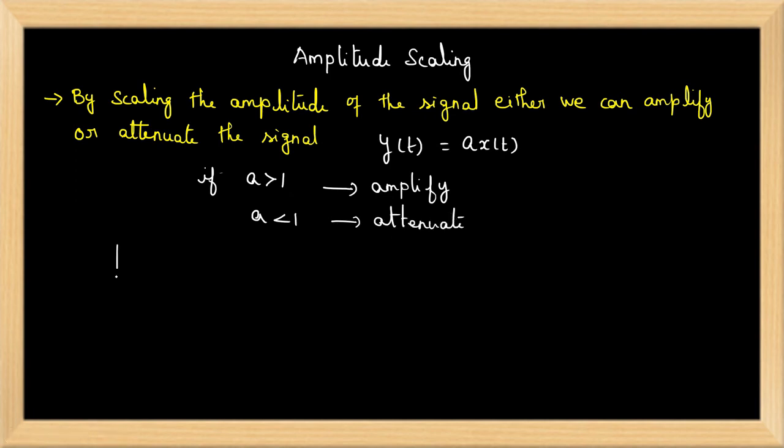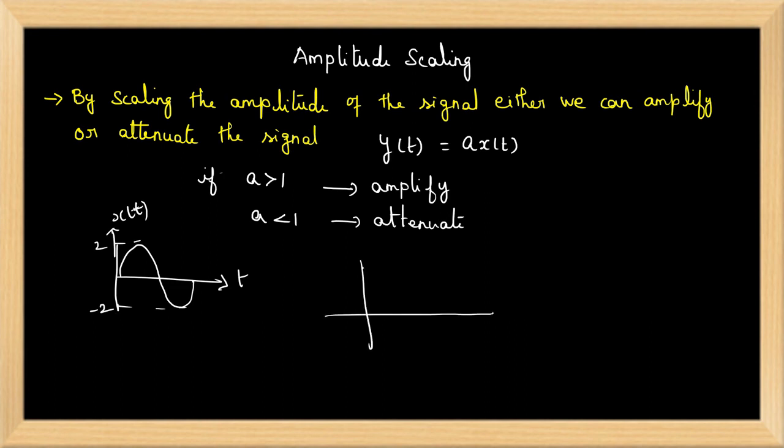For example, if you are having a sinusoidal signal which is having the amplitude of 2 volt to minus 2 volt, the y of t, which is equal to 2 into x of t, will be having the amplitude 4 to minus 4.